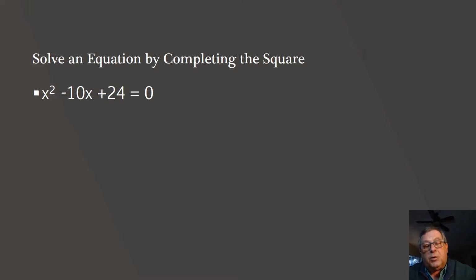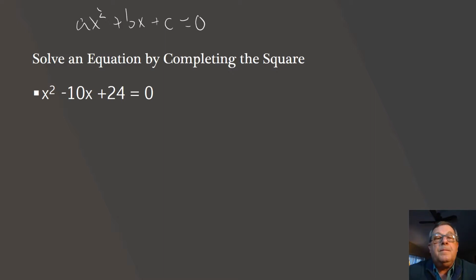Now, let's recall that a quadratic equation or function in standard form is ax squared plus bx plus c equals 0. And we have that form here. So we've got ax squared, we just got 1x squared.